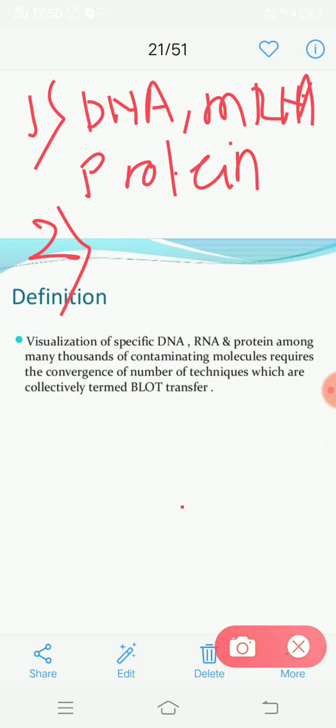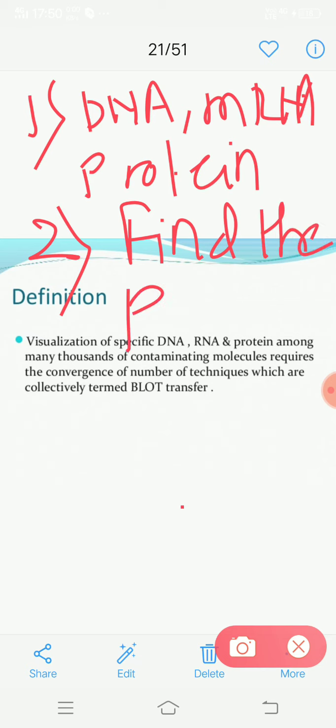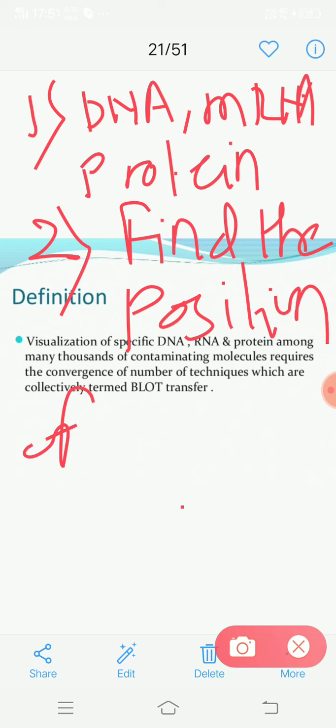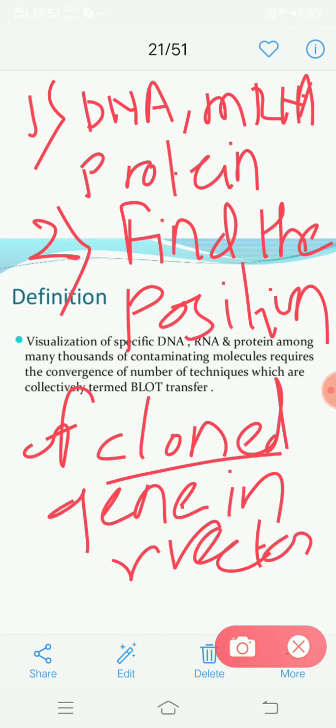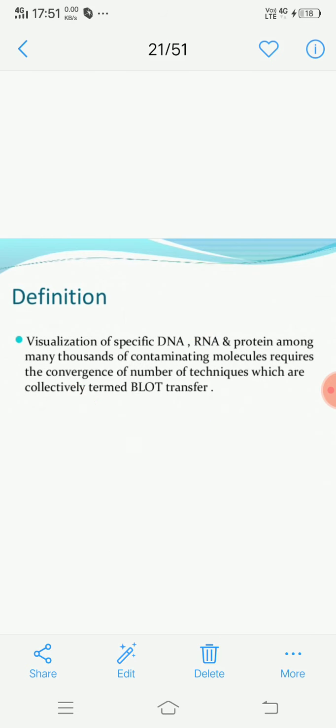And the second aim is to find the position of the cloned gene in the recombinant vector. Cloned gene means your gene of interest. These are basically the two main aims of this blotting technique.